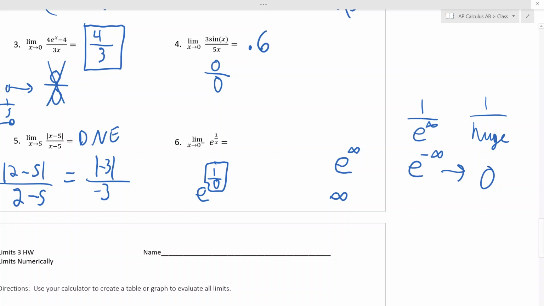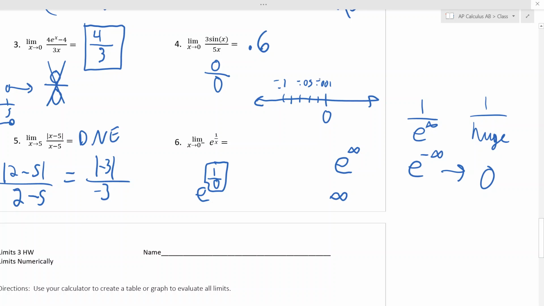And let's think a little further here. That little minus sign right there means I want to plug in values left of 0. So think about a number line. Here's 0. I want to plug in numbers down here, but I want to get closer. I want to plug in like 0.1 and 0.05 and 0.0001, but they're negative because they're below 0.